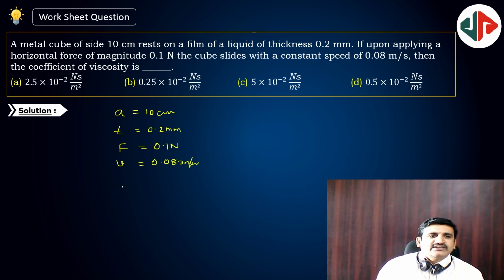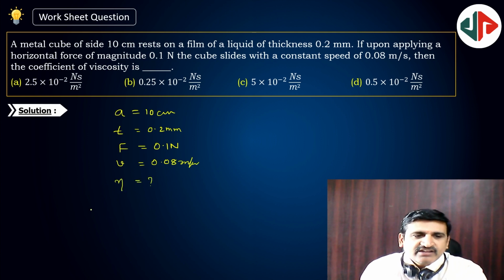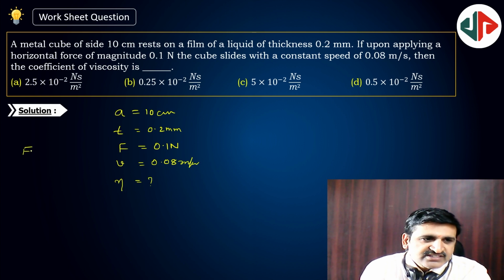Then the coefficient of viscosity eta is equal to how much? We have the formula F is equal to minus eta A dv by dx. This can be changed to eta A v by t.